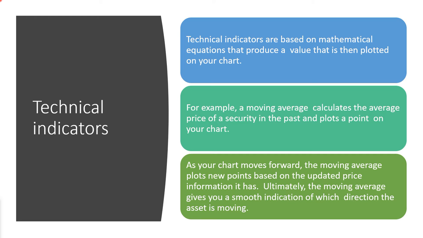For example, a moving average calculates the average of the price for a security in the past and plots it on your chart. Pretty simple. A moving average is the most simple technical indicator. Okay. Now, other indicators can involve complicated mathematical calculations, like say Bollinger Bands, that use standard deviation.